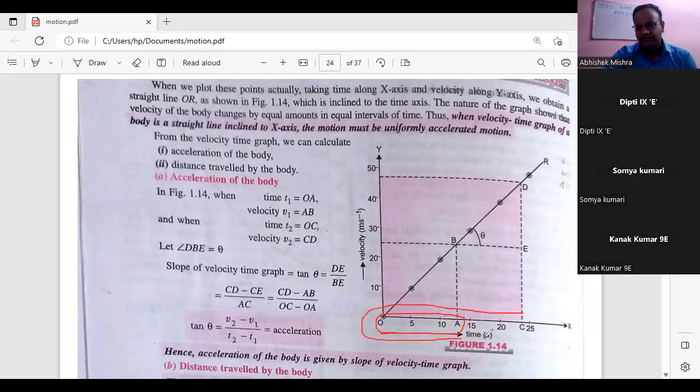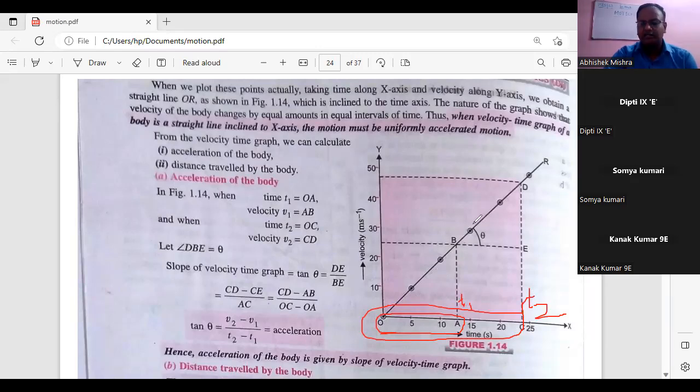OC. Very good. This is T1 and this is T2, as in the last graph also. Now see, this is called the slope of the graph.